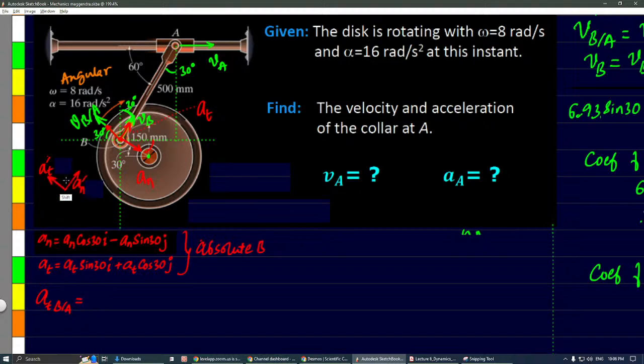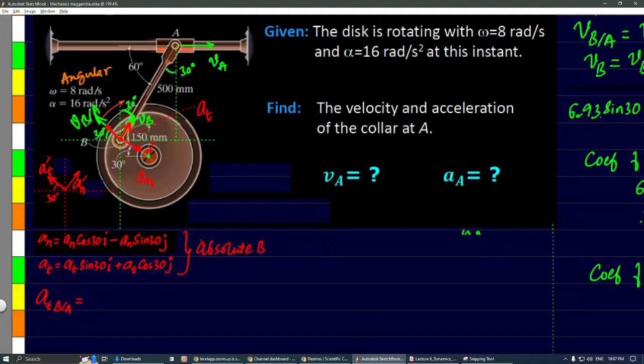Once again we need angles here, in the x and y directions. AT dash will be perpendicular to BA.